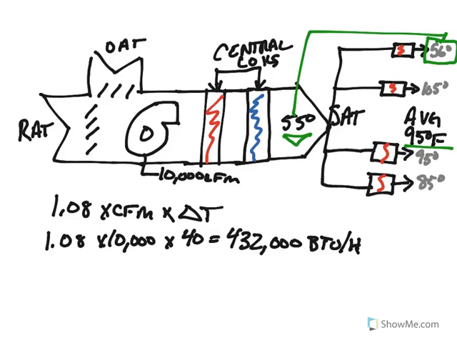And then we're going to need to convert that into a unit of power. We can either multiply time first, or we can figure out power first. But let's figure out how much electric resistance kW is going through any given hour. So we have to figure out what the kW equivalent of 432,000 BTUH is.